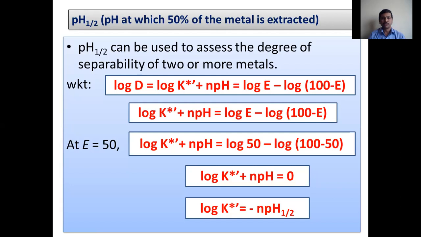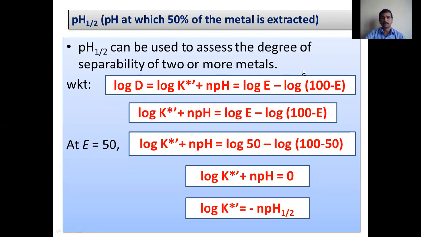That is, pH half is the pH at which only 50% of the metal is extracted. This can be used to assess the degree of separability of two or more metals.